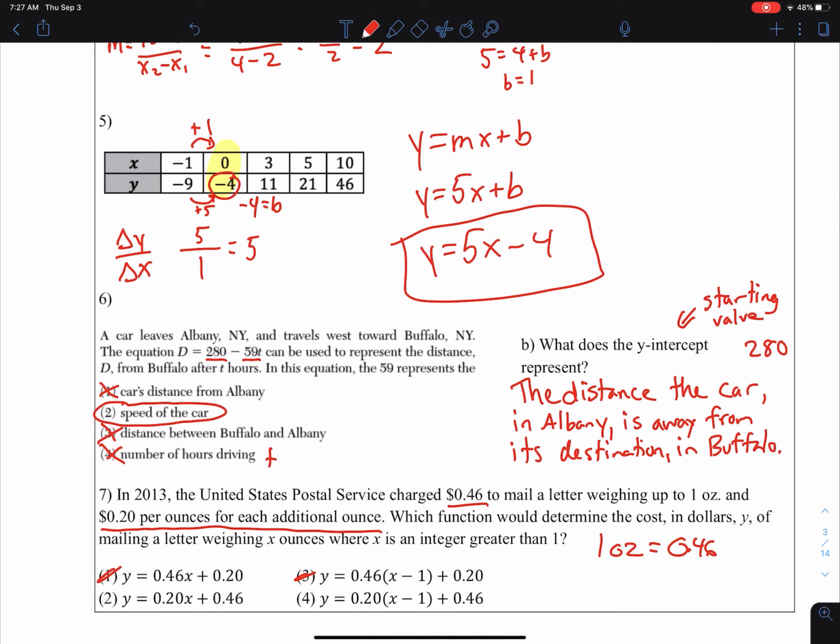So we need to account for not counting that first ounce. If you take a look at 2 and 4, the major difference is the x minus 1. That x minus 1 is subtracting the first ounce from the total ounces to get how many ounces are additional. So that would be choice 4.